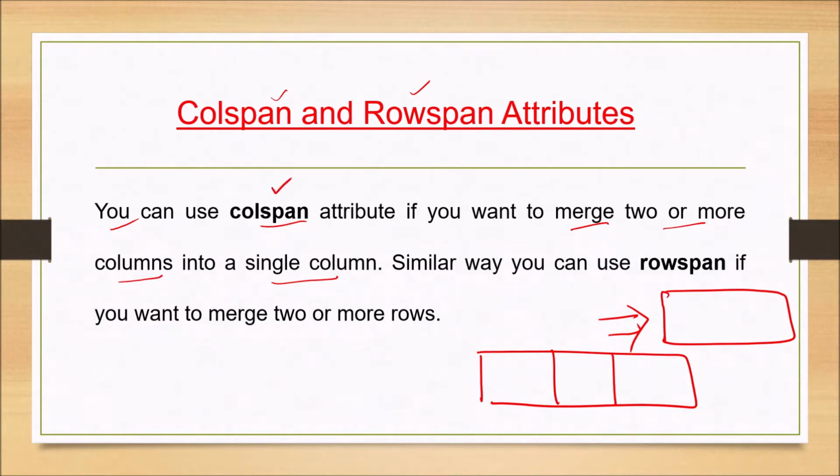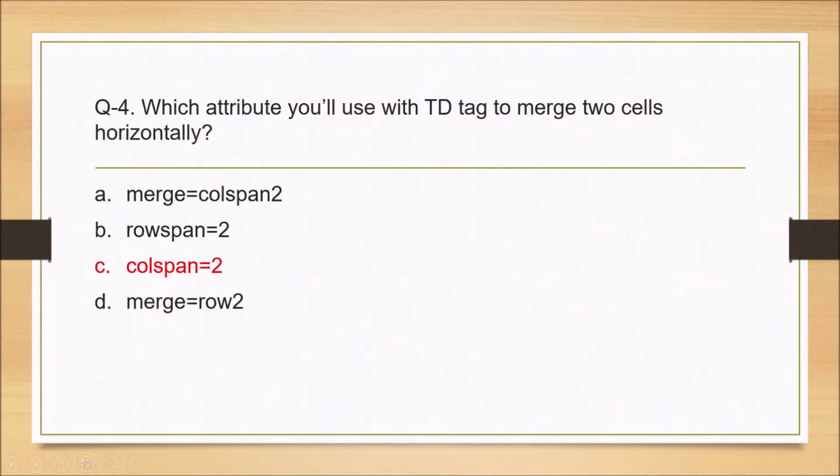And in a similar way, if you want to merge two or more rows, in that case you have to use rowspan. And equals to 2 means the number of rows or columns, or we can say number of cells, we want to merge for that particular row or column.